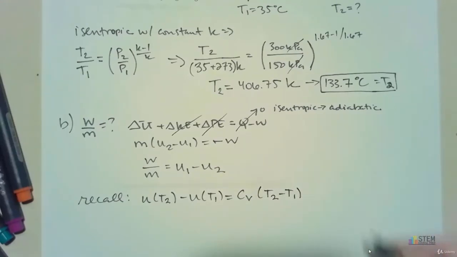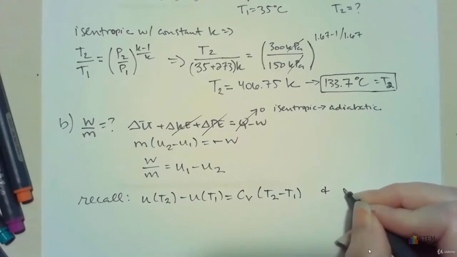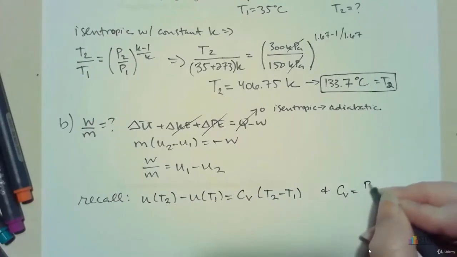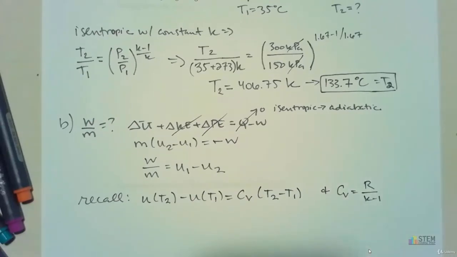And we also know that CV is equal to R over K minus 1. These were equations we've developed in the past. You just got to remember that we have them available to us. We're going to use this because we can't just look up the argon data in the table, because it's not there.